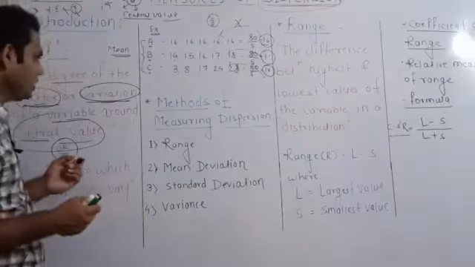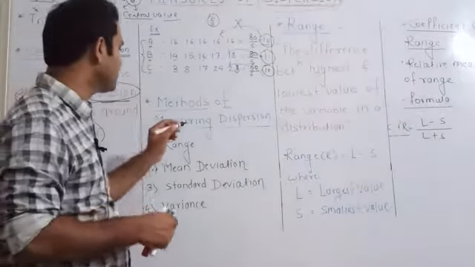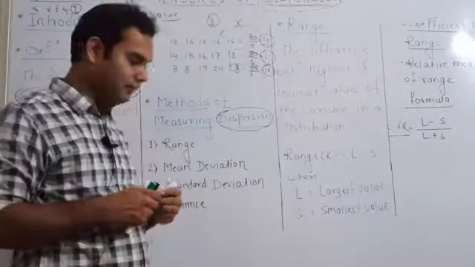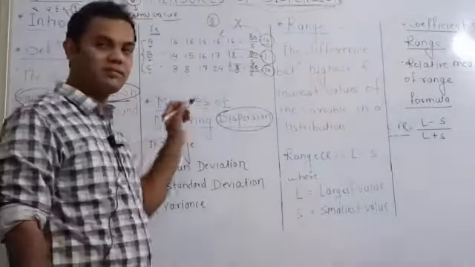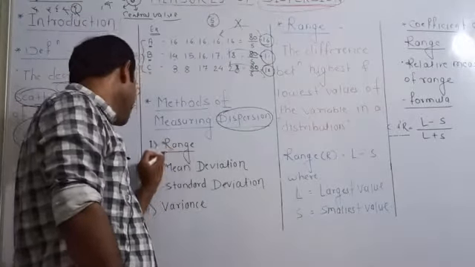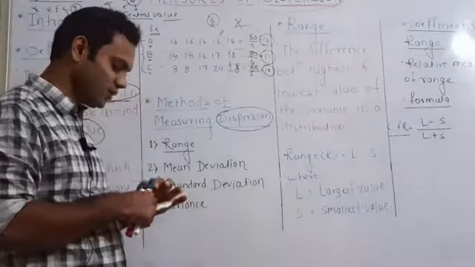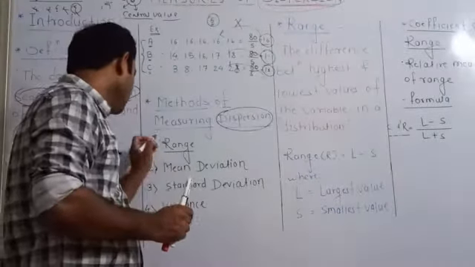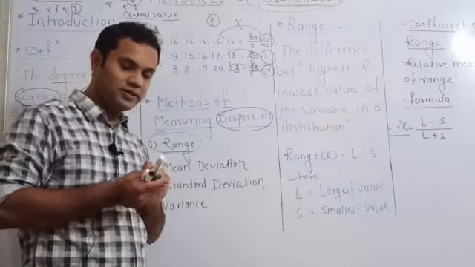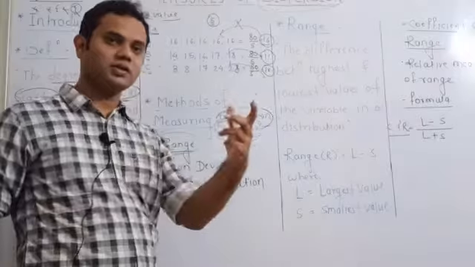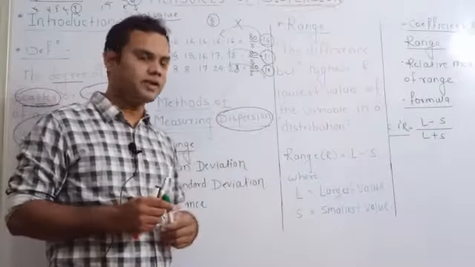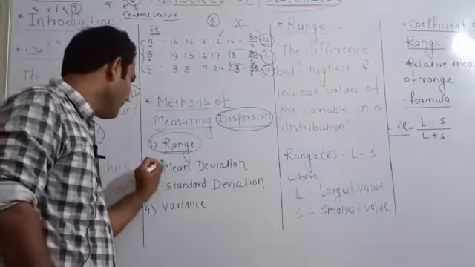Here, how is dispersion measured? There are different statistical parameters by which we can measure dispersion. The first measure is your range. By studying the range, we can calculate a measure of dispersion, how the data is spread. That is a very preliminary method. Second is your mean deviation.